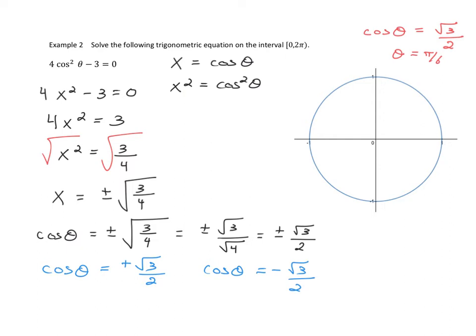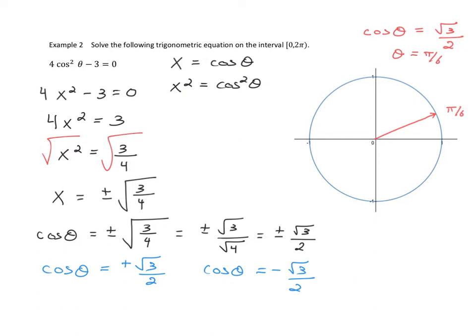It was sine last time, but here cosine of pi over 6 is root 3 over 2. And that gives me a solution right here. This is the angle of pi over 6. And at this angle, the x value, or cosine, is root 3 over 2. Is there another angle where the x value, or cosine, is also going to be positive root 3 over 2?